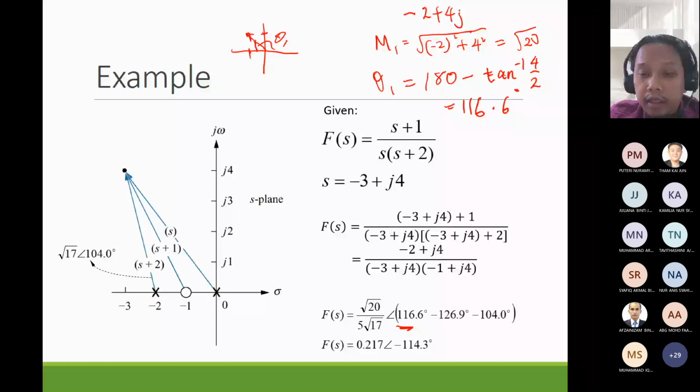Okay, so this is the angle and this is the magnitude for the first numerator here.